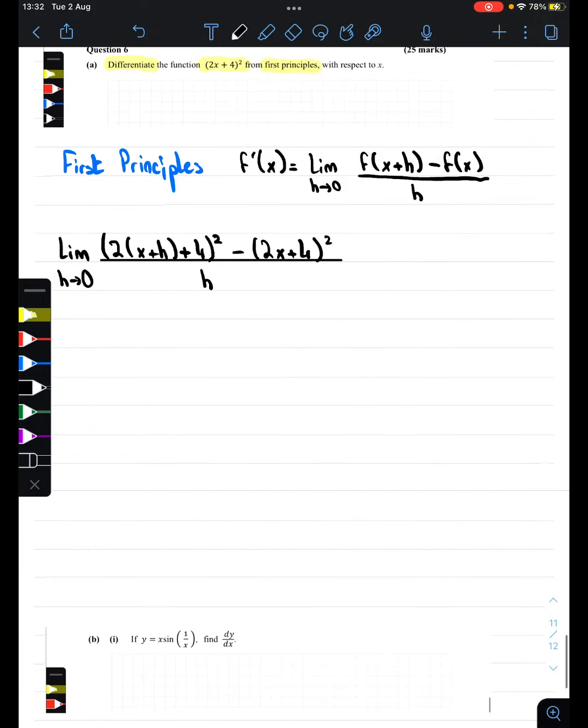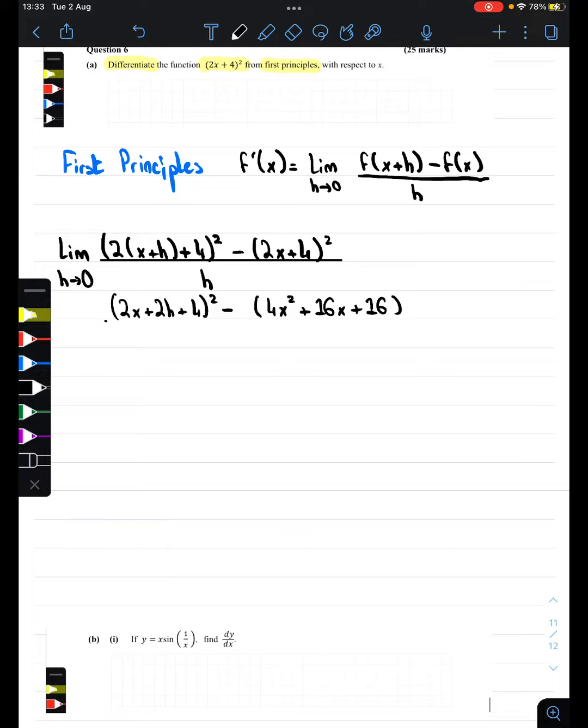Okay, well now let's just multiply this out. So we have (2x + 2h + 4)² minus (2x + 4)², which is just 4x² + 16x + 16, and this all over h. So the limit of this as h goes to 0.